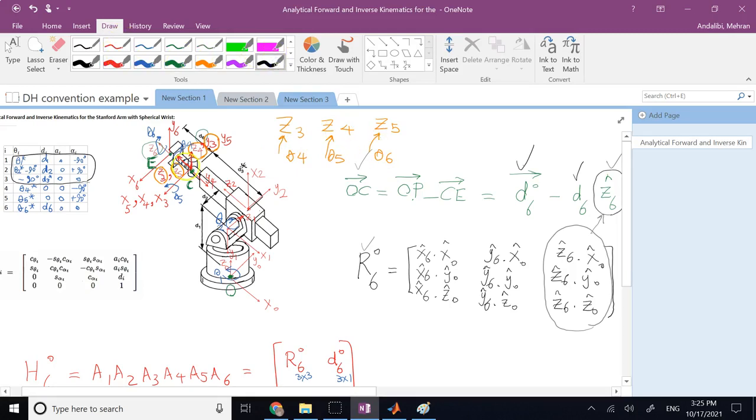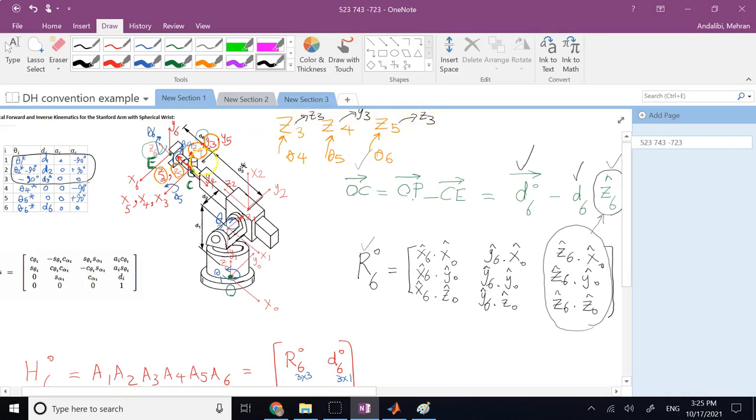Now, clearly your Z4, as I showed you, corresponds to what? To Y of 3, and Z5 corresponds to Z of 3. And this is, of course, Z of 3. So if you look at the sequence, it is what?